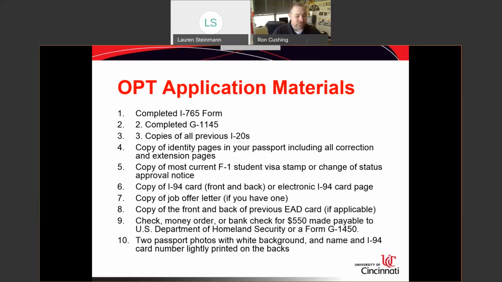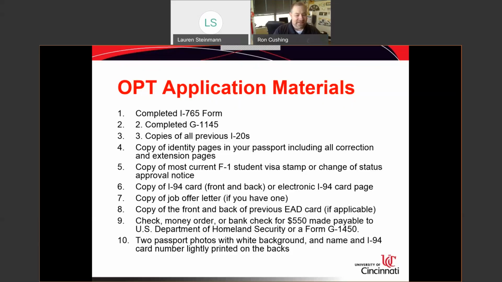Now, there's a fee for applying for practical training. As of today, my plan was to tell you that fee is $550 because that goes into effect after tomorrow. But early this morning, we got notification that a judge has put the fee increases USCIS was going to make on hold for the moment while the case is heard.